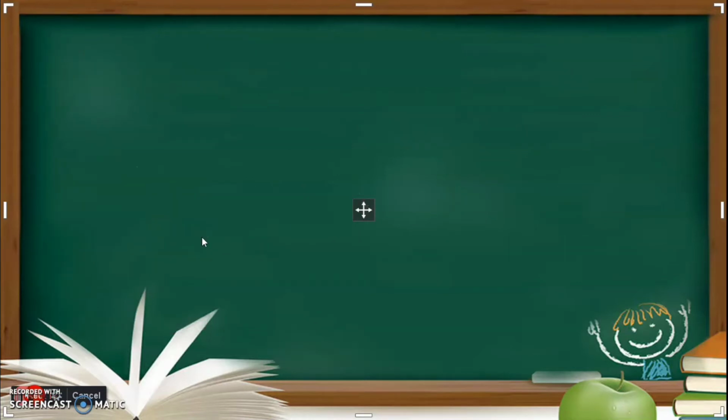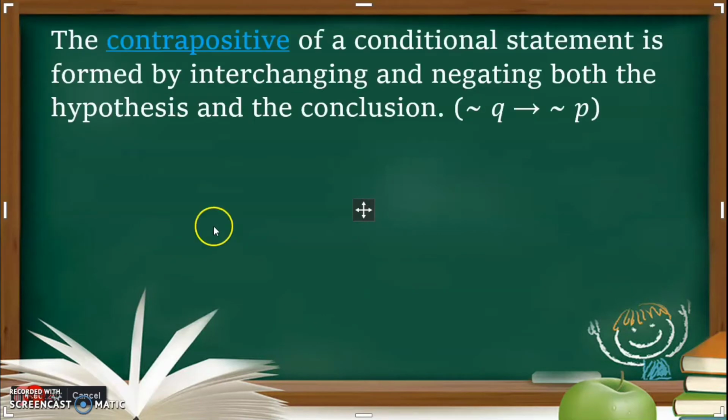Okay, we were in our third, the contrapositive of a conditional statement is formed by interchanging and negating both the hypothesis and the conclusion. Baligtad ng P implies Q, so magiging Q implies P plus the negating both hypothesis and the conclusion.